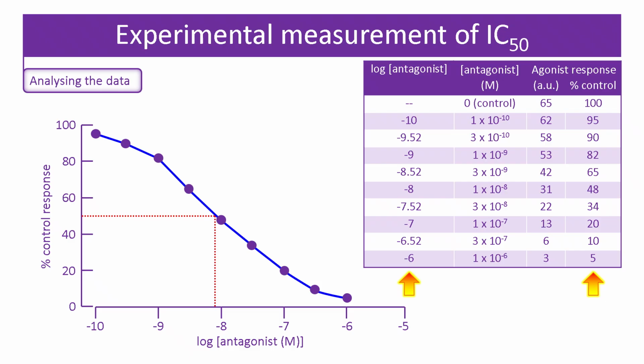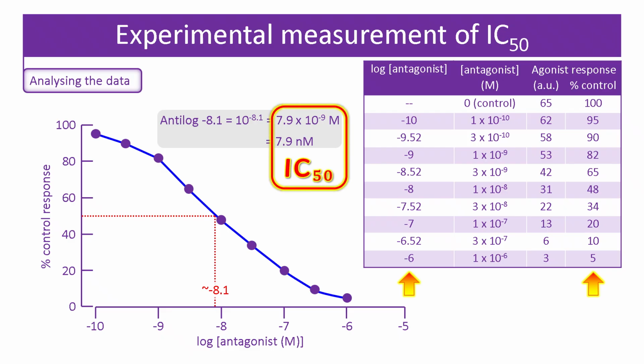In this example, that corresponds to approximately -8.1 on the logarithmic scale. Taking the anti-logarithm, this gives a concentration of around 7.9 times 10 to the minus 9 molar, or 7.9 nanomolar. This is the IC₅₀, the concentration required to reduce the response by 50%.